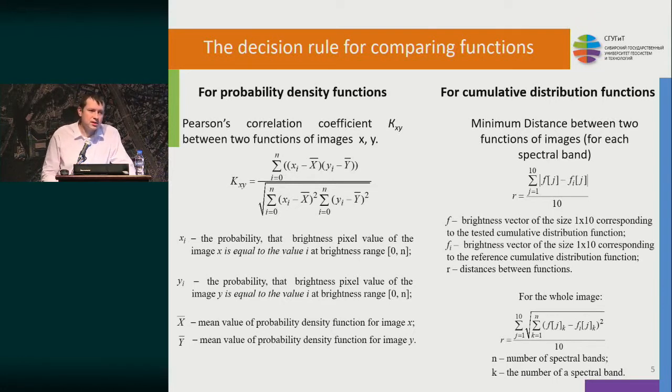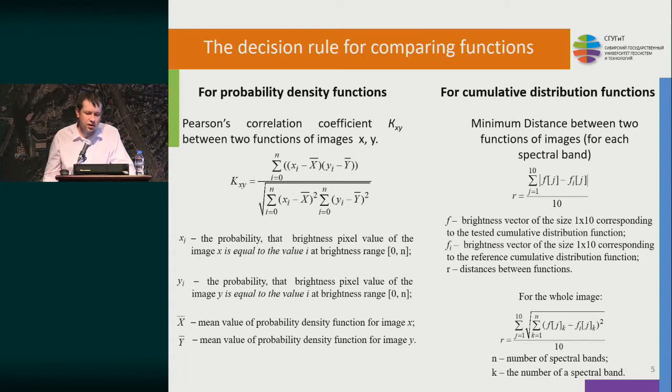It was suggested to use as a decision rule the correlation factor, or to use minimum distance when we analyze distribution functions.